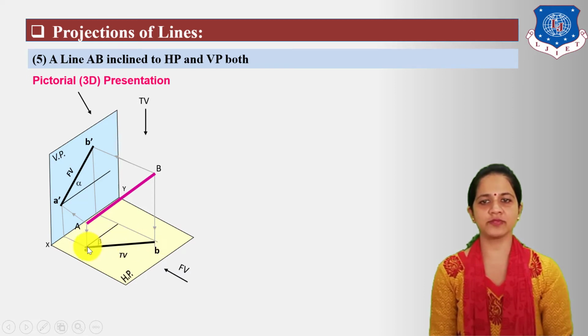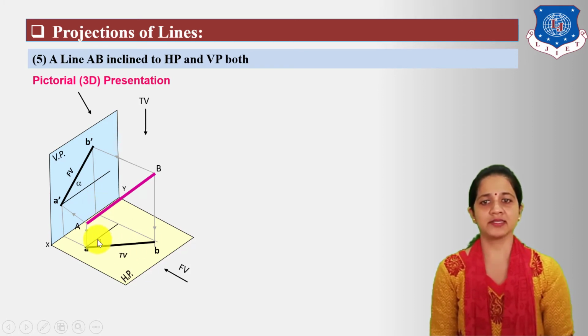The length of this top view line is less than the given length AB, and we cannot see the true angle of line AB with VP in the top view, because the line AB is inclined to VP and HP both.